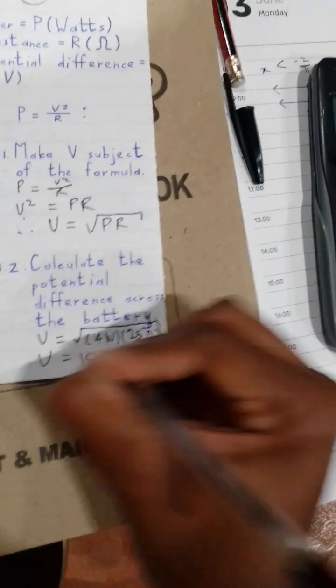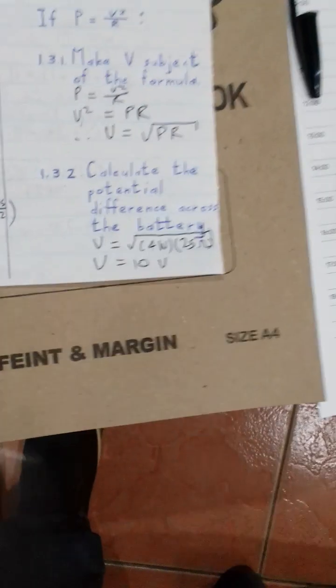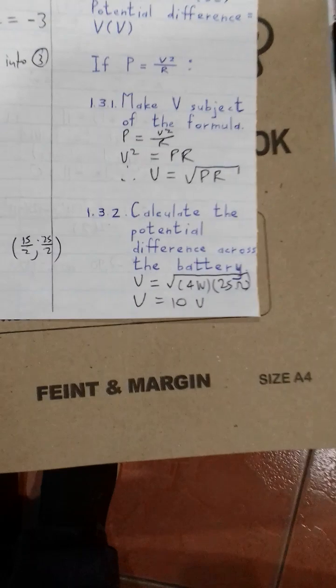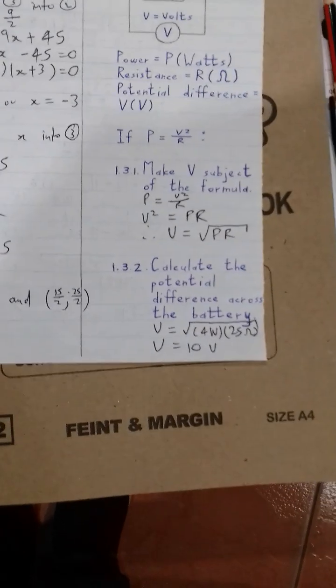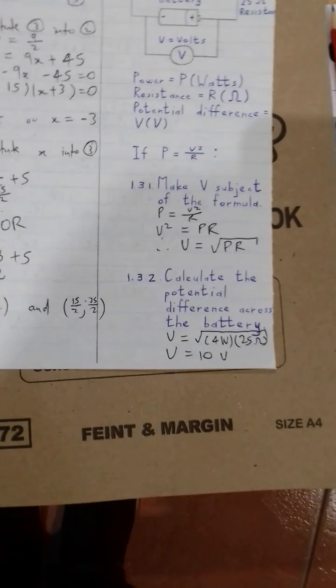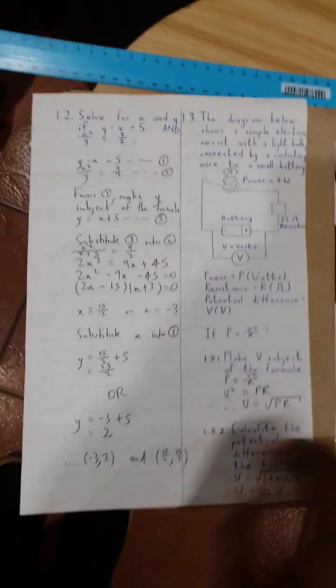Square root of 4 times 25 is 10. So 10 volts. Sorry, you don't write here, right? It's just that I ran out of space. I know I always make excuses, but please bear with it. The steps are more important. Okay, I hope that wasn't too hard.